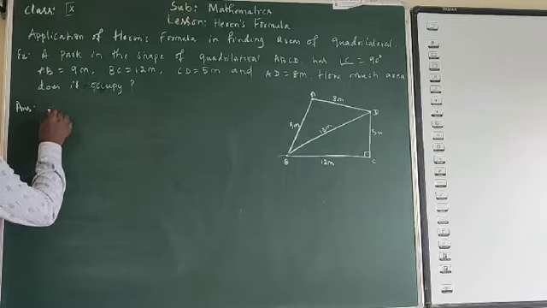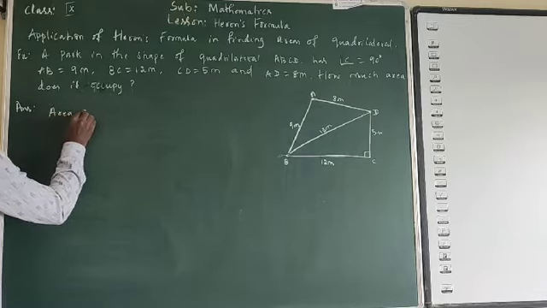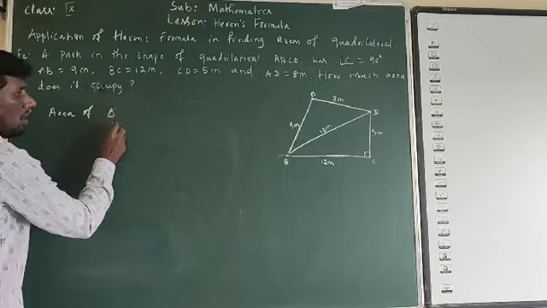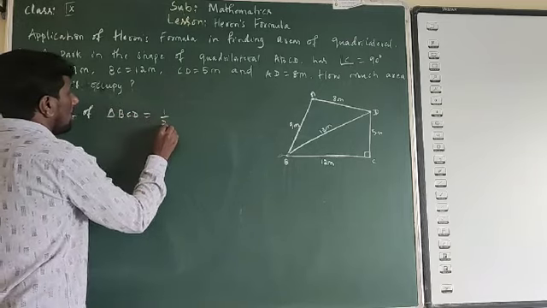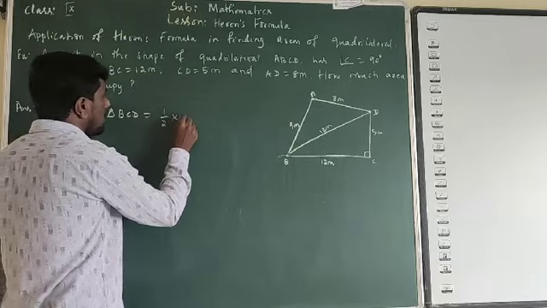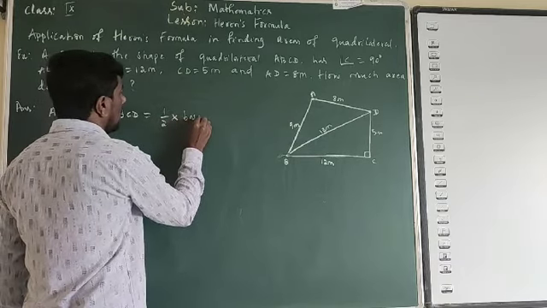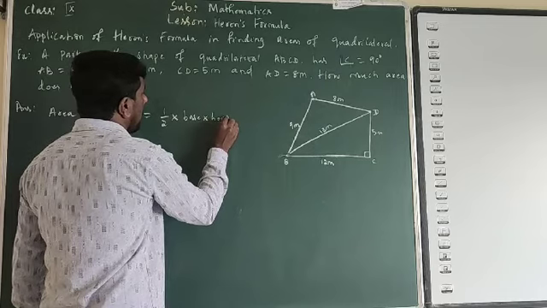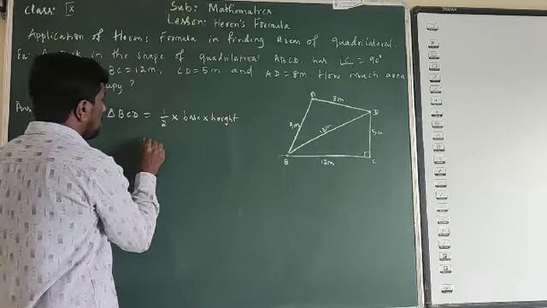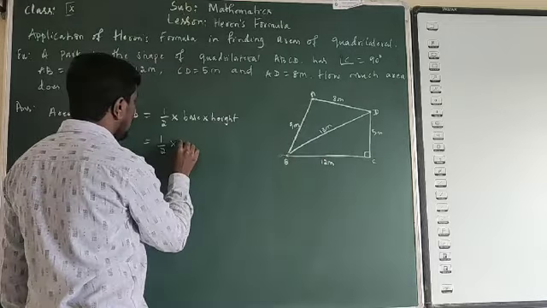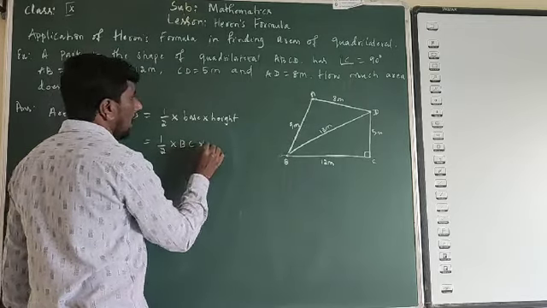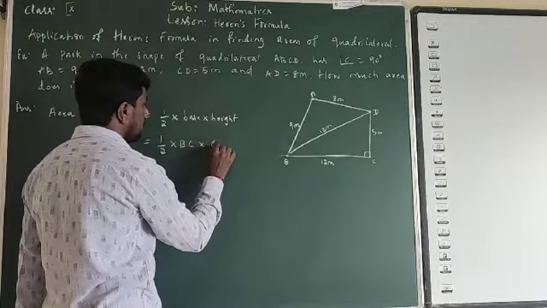Area of triangle BCD is equal to half into base into height. So I will write half into base. Base is BC in the triangle BCD. Height is CD.